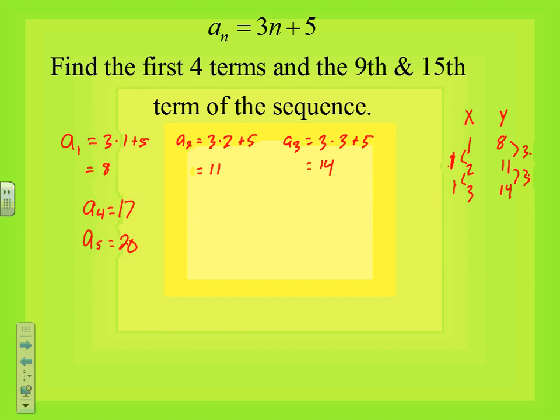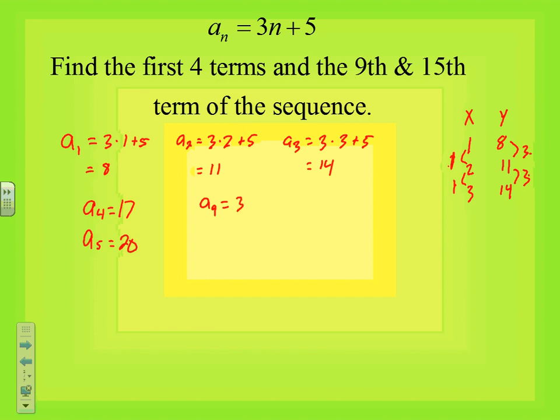Now if you wanted to, you could keep counting all the way up to the 9th or the 15th term, but quite frankly, I think it would be easier to actually do the math. When you're doing them one right after another, the pattern emergence is pretty easy to count. Sometimes they pick a number that's pretty far out there that makes it really hard to count that way. So once we get past a certain point, just substitute the number and figure out what it is mathematically.